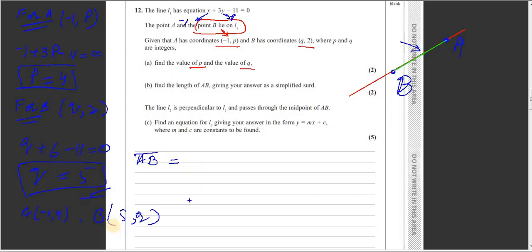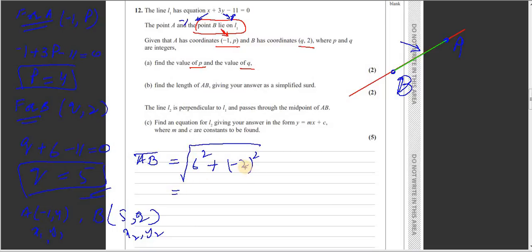I am taking these as x1, y1 and x2, y2. So 5 minus -1, so 5 plus 1, which is 6 square, plus y2 minus y1, so 2 minus 4, minus 2 whole square.